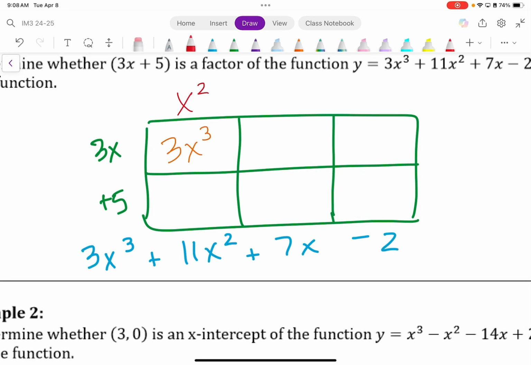What goes next? Josiah? 5x squared. Good. All right. And then what? What's next? Go ahead. 6x squared. 6x squared here, so that it adds up to 11x squared. If there's a 6x squared there, then what goes on top of 6x squared? 2x.